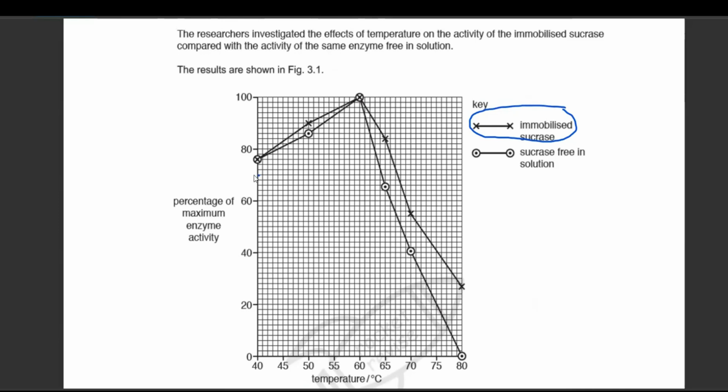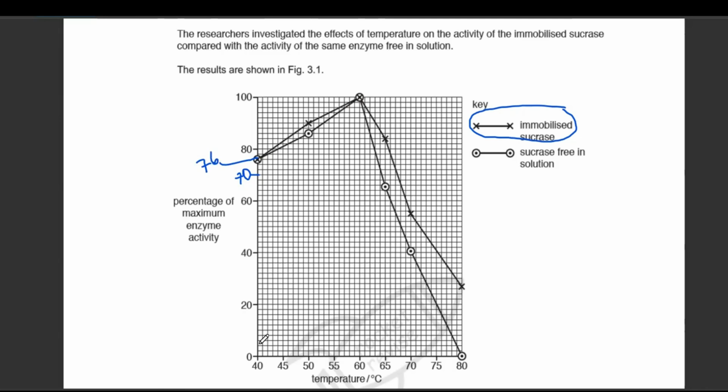If my eyes are working correctly, this is 70 percent of the maximum enzyme activity. You need to figure out what exactly this value is, and then mention which activity, it's 96 or 86? 76. Oh, 76, yeah.